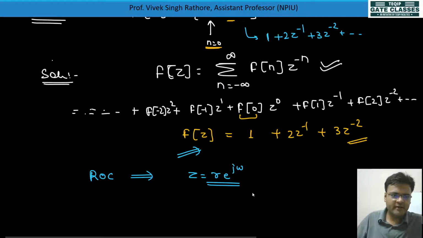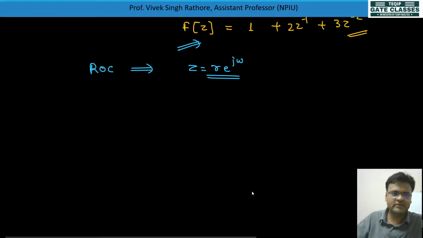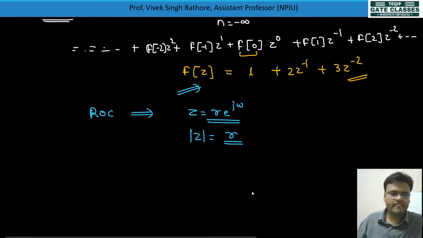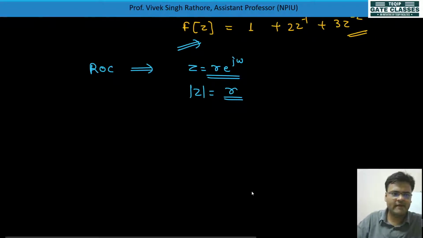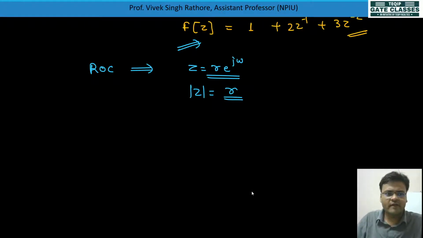So ultimately what we are searching for, the ROC, is nothing but the mod of z value, that is r. So here f of z will have r e to the power j omega to the power minus 1.